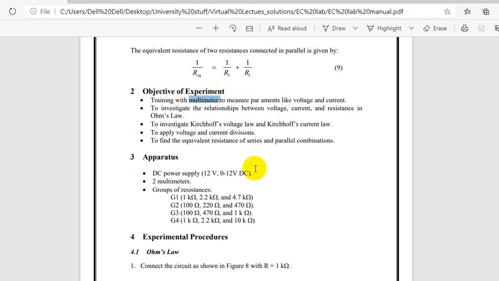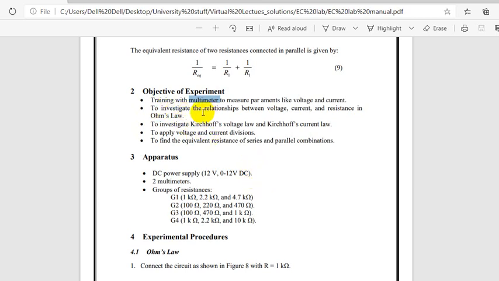To measure voltage we need a voltmeter, to measure current we need an ammeter, to measure resistance we need an ohm meter. When all these functionalities are combined together, that is called a multimeter. So you can evaluate or calibrate voltage, resistance and current with the help of a multimeter.